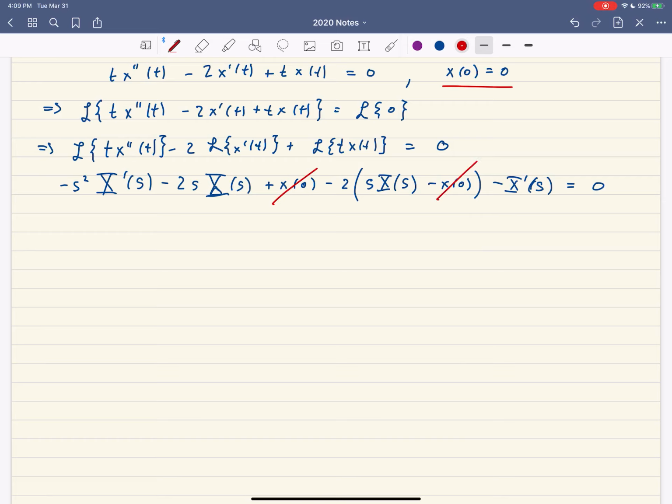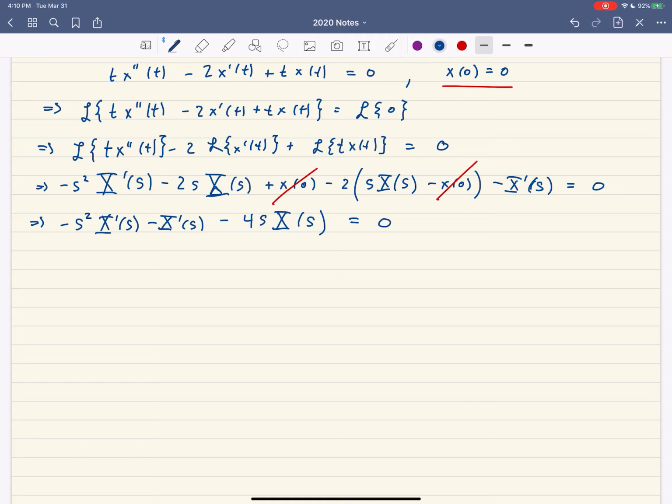And other than that, we're kind of stuck with what we have. So this is going to tell us we have negative s squared capital X prime minus capital X prime, and then we have a minus 4s capital X. That's going to be equal to 0.